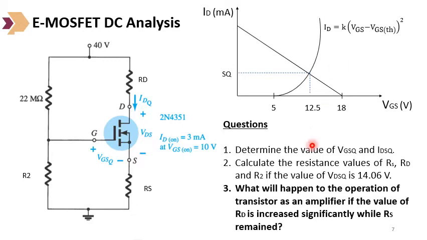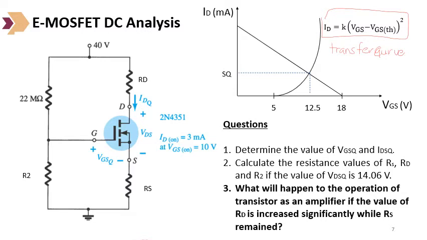Before going through each question, I just want to analyze together with you how to interpret the data, how to extract the data from the graph. So we know that this is the formula to draw the transfer curve, right? Transfer curve.